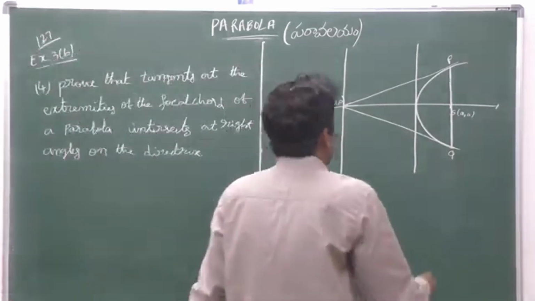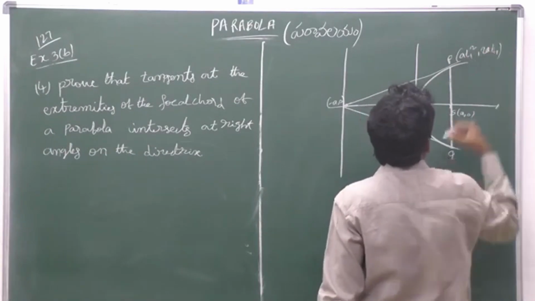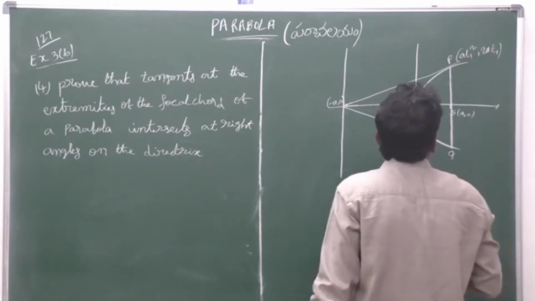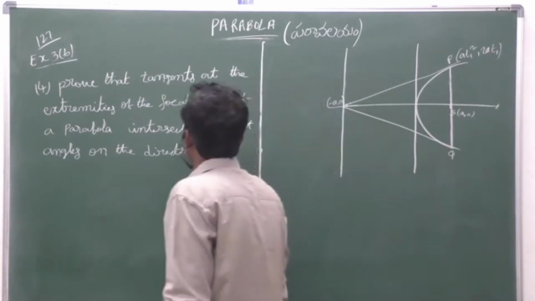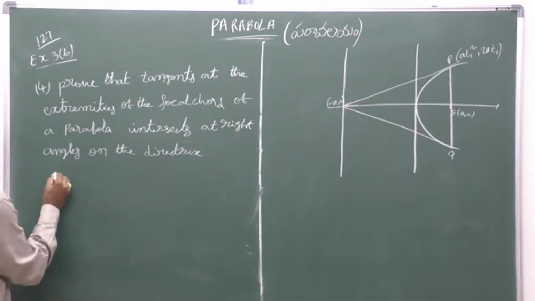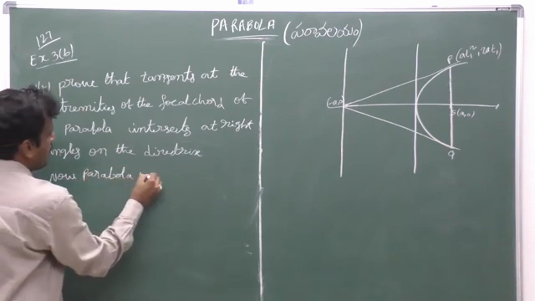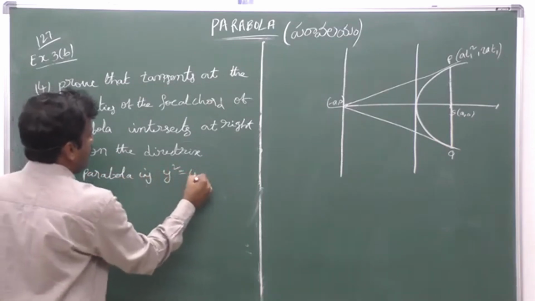Of course, P is (at1², 2at1). Next Q point. Now the parabola is y² = 4ax.